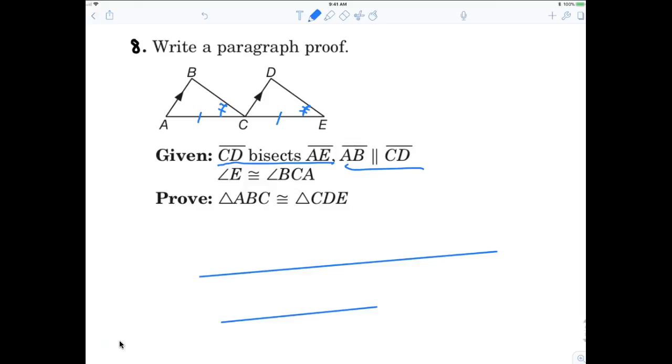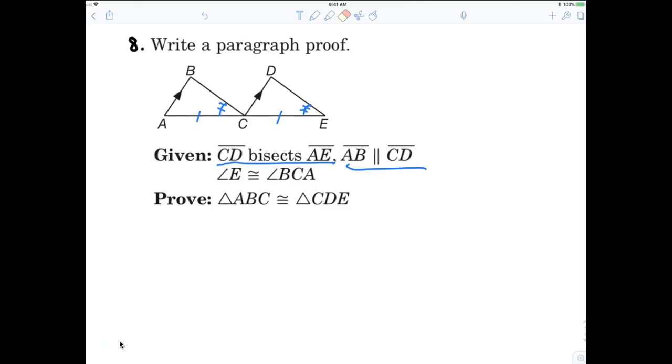And that, again, is a common question on SATs. They draw parallel lines, and then they make them look equal when they don't have to be. So that's the thing I would stress. It looks like they're equal, and they are equal after we prove it. You're definitely going to prove that they're congruent.